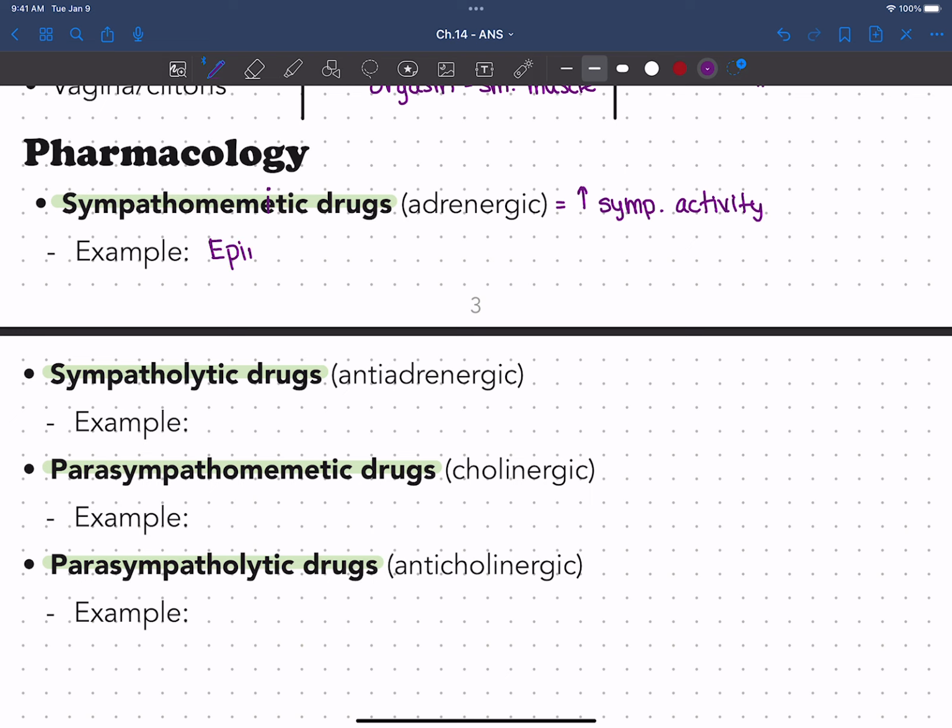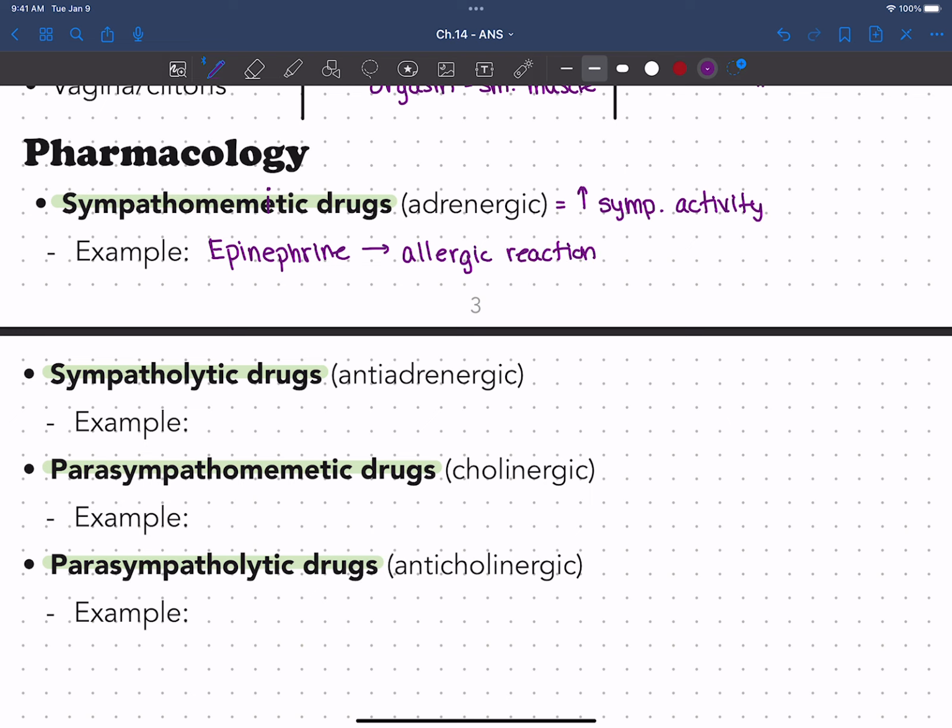So epinephrine can be given as an injection. I'm sure you guys have heard of EpiPens. That's what this would be. All right, and so EpiPens are commonly kept on hand for people that have severe allergies, and so they're good for fighting off anaphylaxis from an allergic reaction.